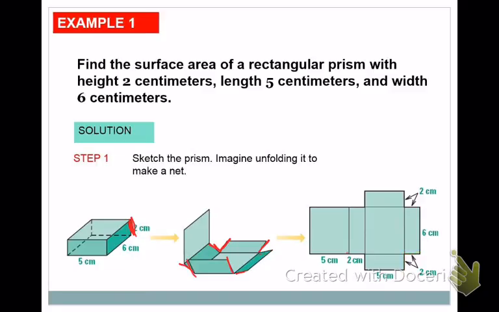If you watch how this unfolds, the width, which is 6, is here, here, here, and here, which as you watch this unfold becomes this length, this length, this length, this length, and this length. So when you lay it down flat, those are all 6.